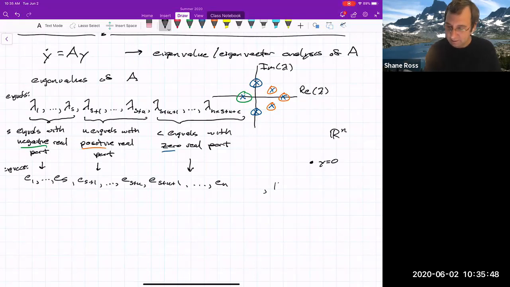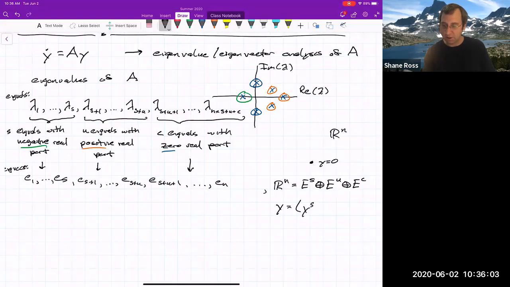So R n is E s, direct sum E u, direct sum E c. It just means that any vector can be written in terms of a component in the E s subspace, a component in the E u subspace, and a component in the E c subspace.